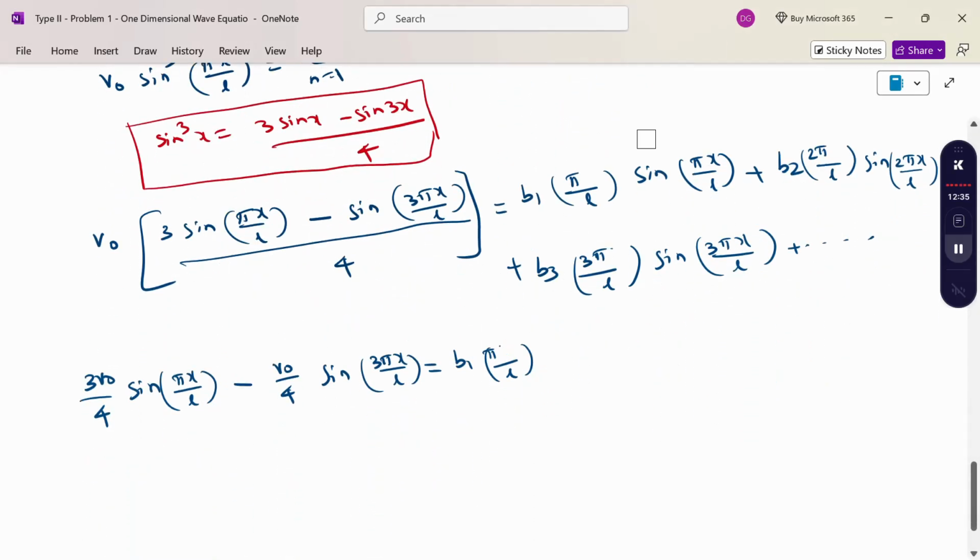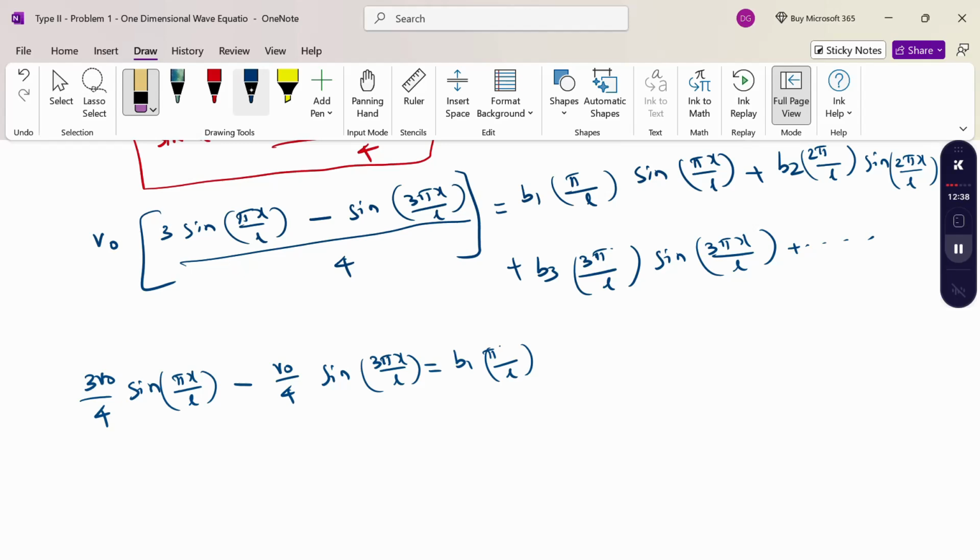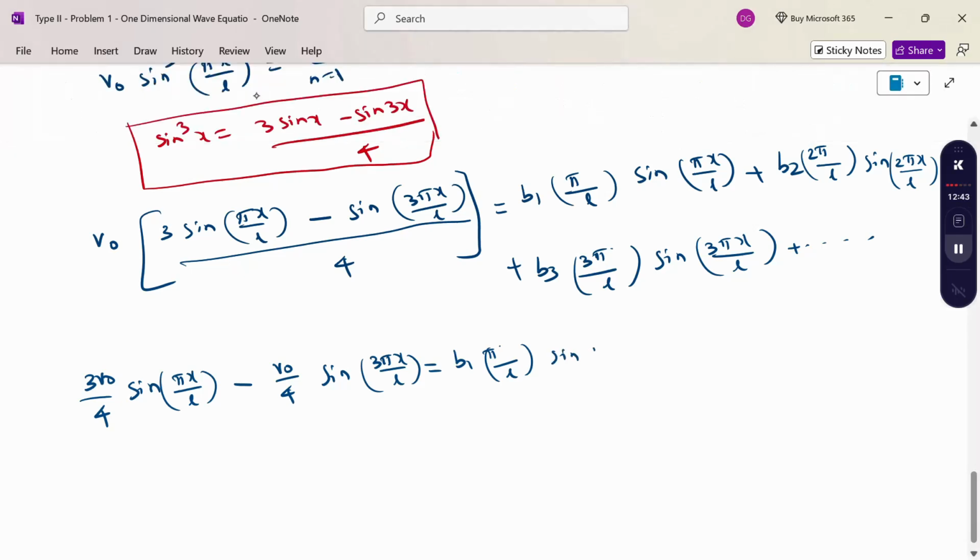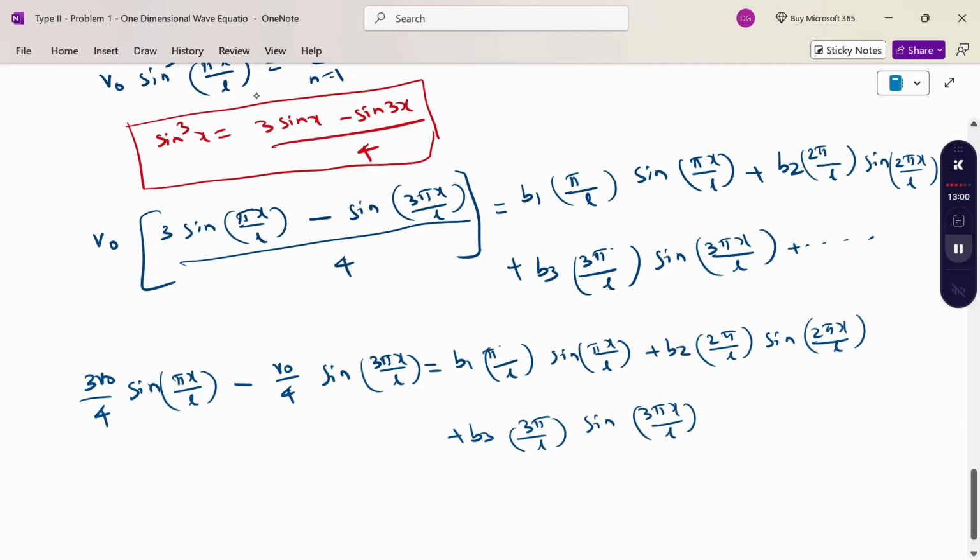Therefore the right side is b1 (a pi by L) sin(pi x by L) plus b2 (2 a pi by L) sin(2 pi x by L) plus b3 (3 a pi by L) sin(3 pi x by L) plus b4 (4 a pi by L) sin(4 pi x by L), and so on.